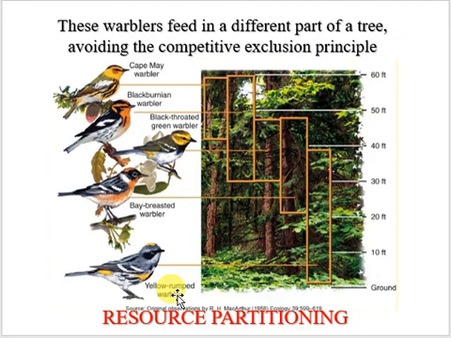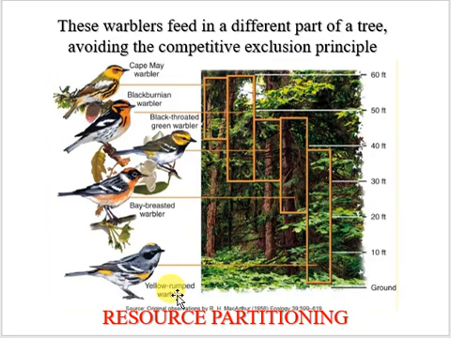A means for coexisting in a lot of ecosystems stems from this notion of resource partitioning. This is when species coexist by using only a part of the available resources. So again, looking at realized niches versus fundamental.